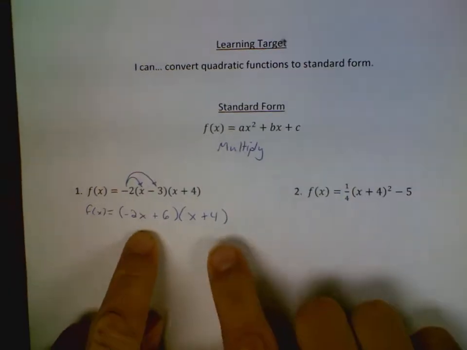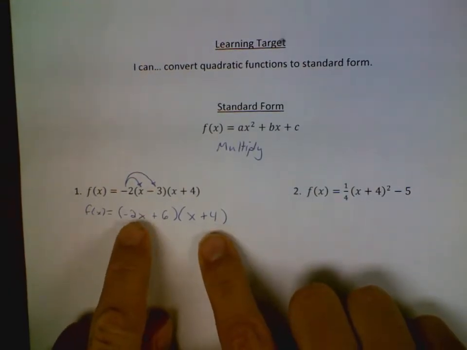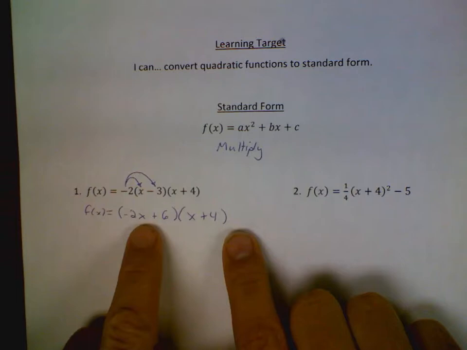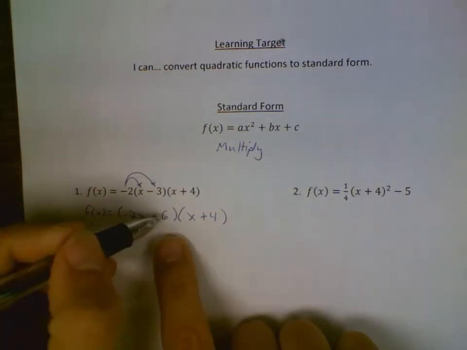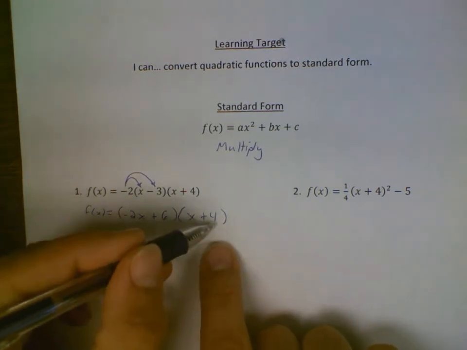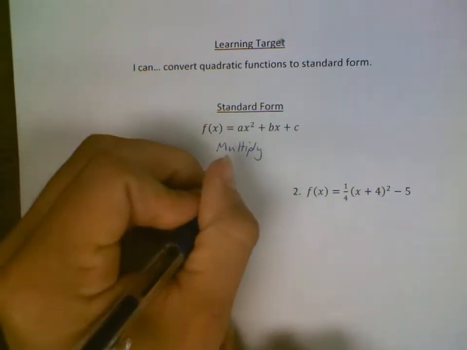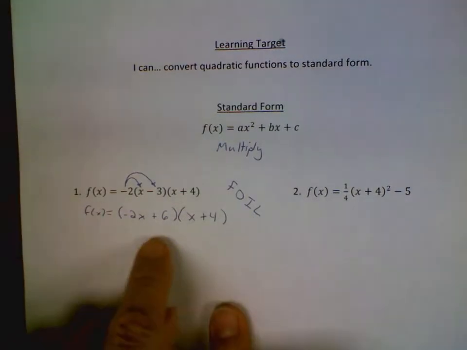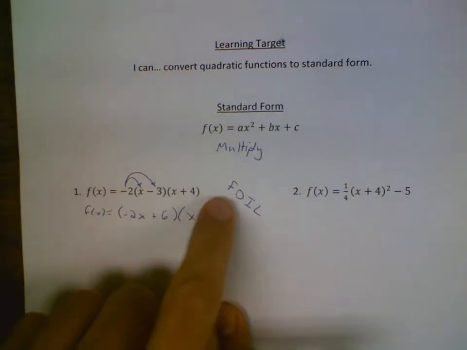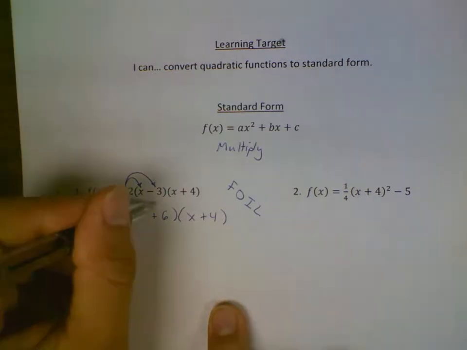Now, once I have two parentheses, we really just multiply these two together by distributing the first term to both terms and distributing the second term to both terms. Okay. Now, you may have heard of this acronym before. It's called FOIL. It's just a way of organizing the distribution. The F stands for first, so you take the first term times the first term.